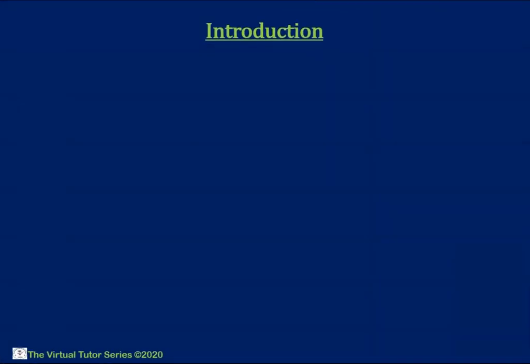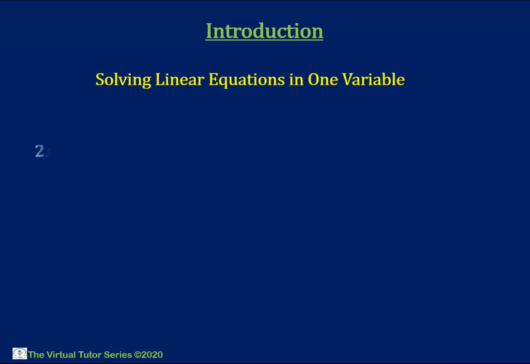Now let's have an overview of how a linear equation in one variable can be solved. Let's take, for instance, 2x = x + 5. As indicated earlier, every equation has two sides, the left-hand side and the right-hand side.